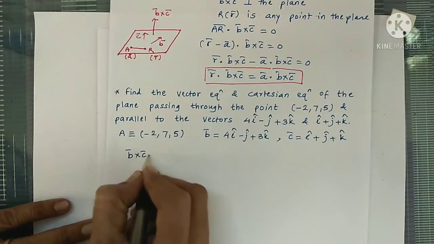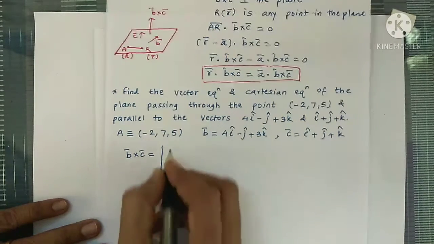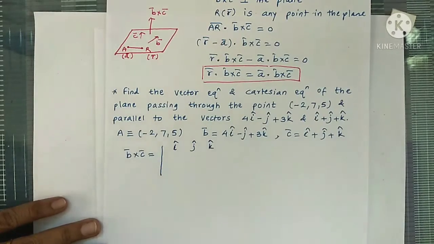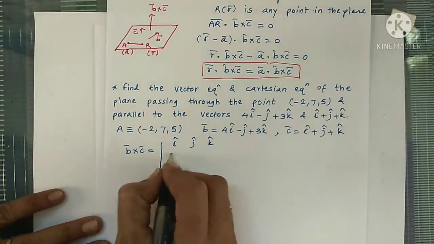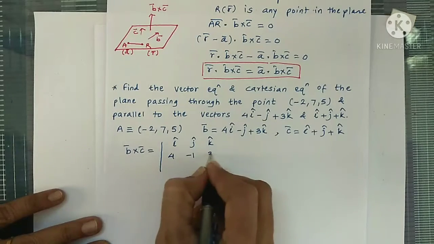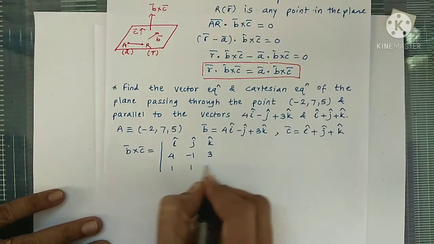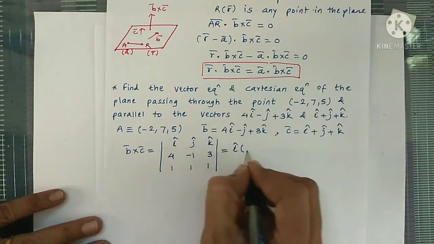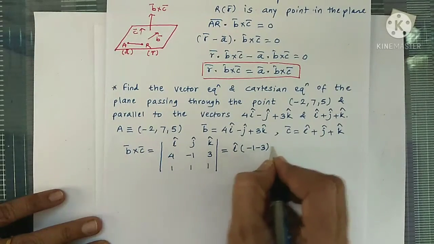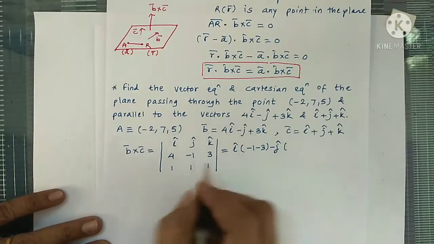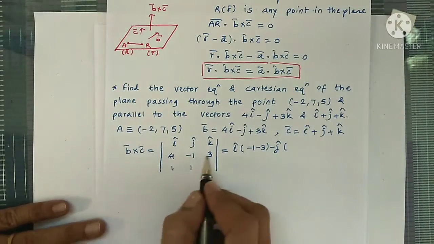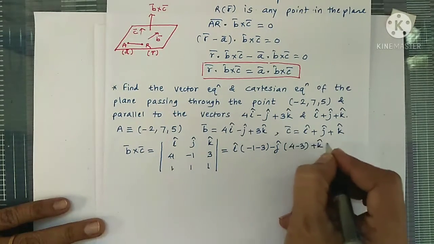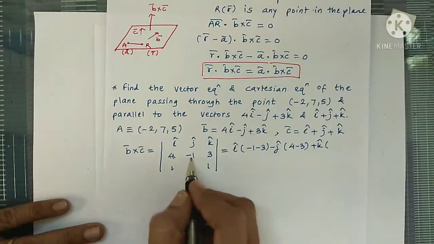So b bar cross c bar equals the determinant with rows i cap, j cap, k cap; b bar 4, -1, 3; c bar 1, 1, 1. That equals i cap (-1 minus 3) minus j cap (4 into 1 minus 1 into 3, that is 4 minus 3) plus k cap (4 plus 1).